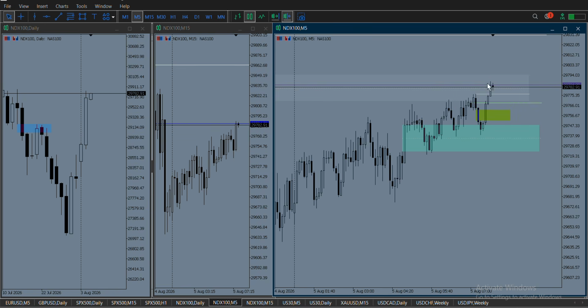So again, I've said that I don't want to buy it up here because that macro might come in and then we might have that major retracement lower before we start running higher.